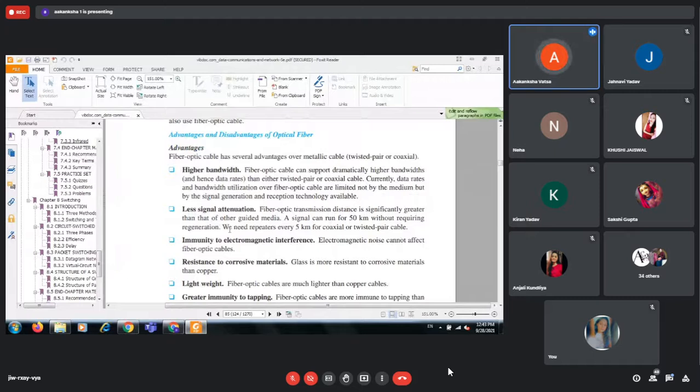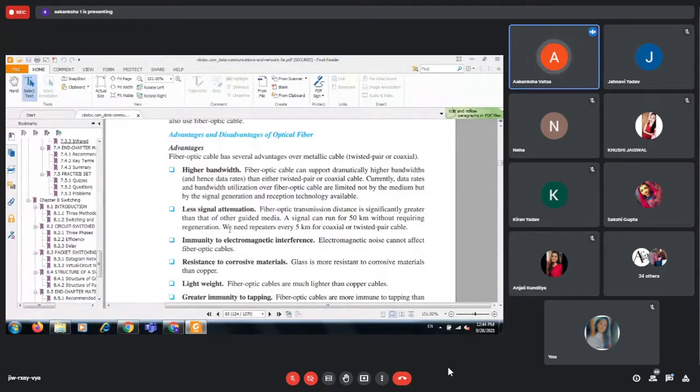Now you can see that when we were transmitting electrical signals through coaxial cable and twisted pair, the signals were interfering. Suppose you have another electrical device operating near the cable through which you are transmitting your network data.